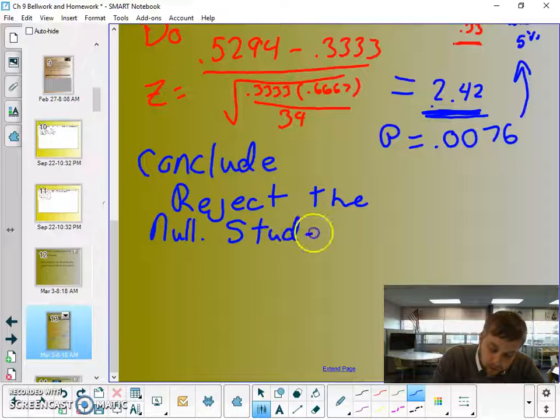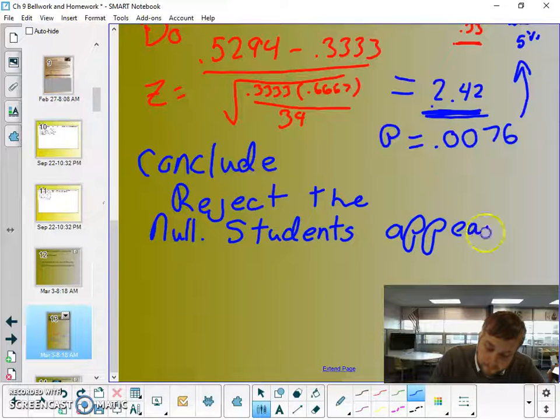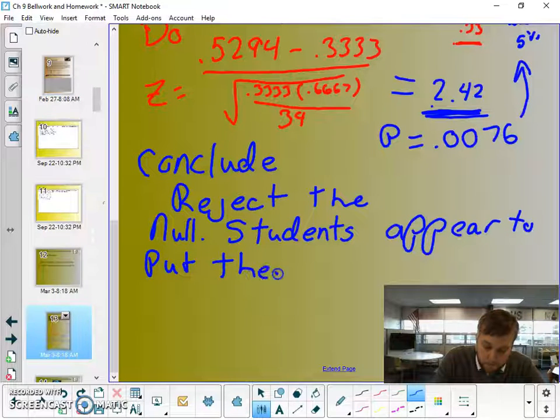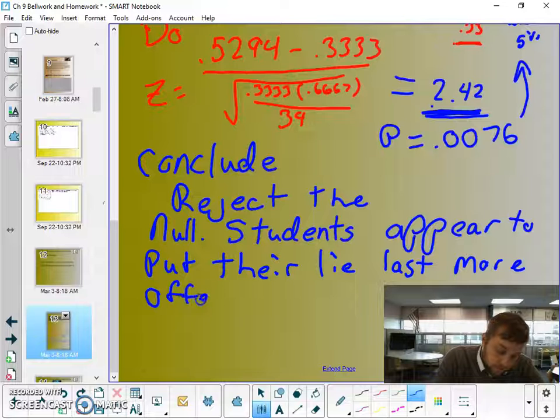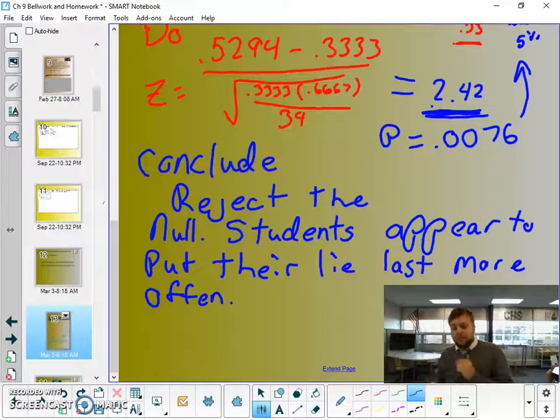Students appear to put their lie last more often. You might be able to write that a little bit better, but in conclusion, I can clearly see, just from the 34 people that I collected, it seems like people put their lies last.